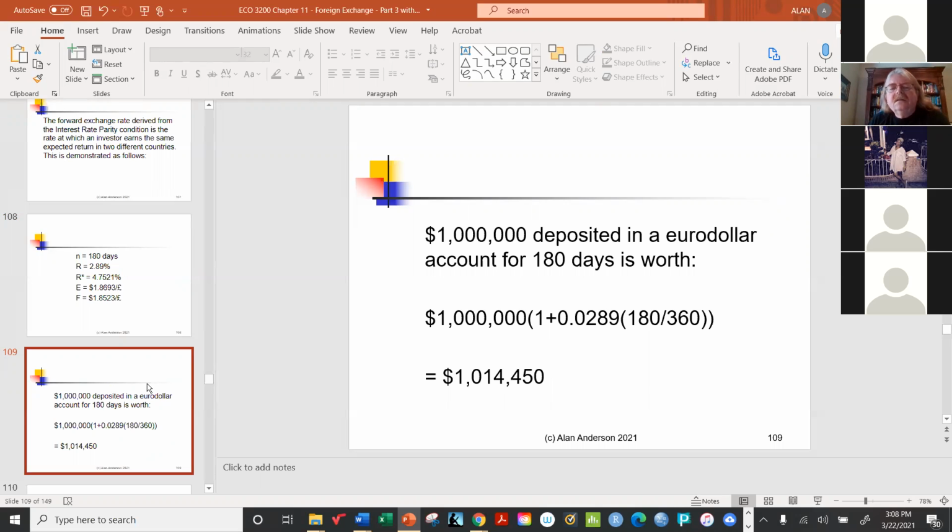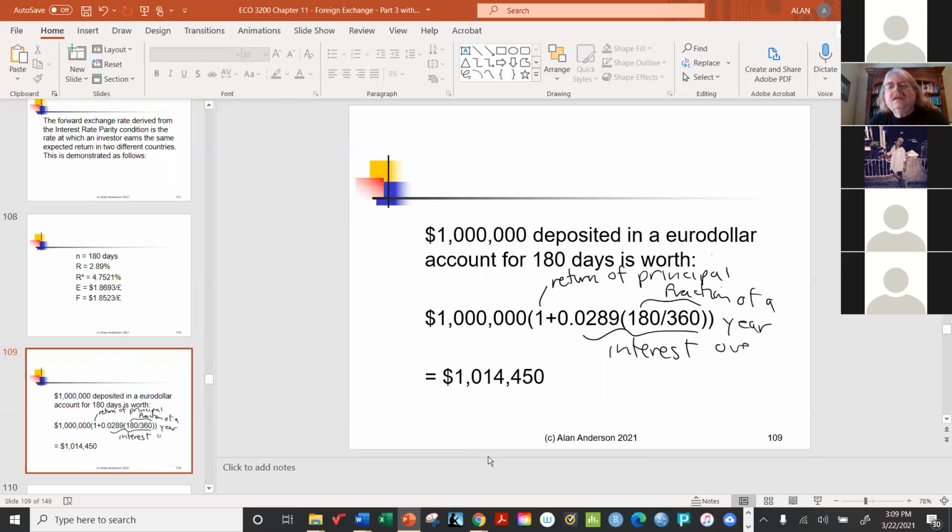Now, how did we come up with this? Well, you've got $1 million that you multiply by 1, which represents the return of principal. Now, the interest is here, but if you notice, this is not a 1-year investment. So we've got the annual rate of interest, and this is the actual fraction of a year over which the interest is being earned.